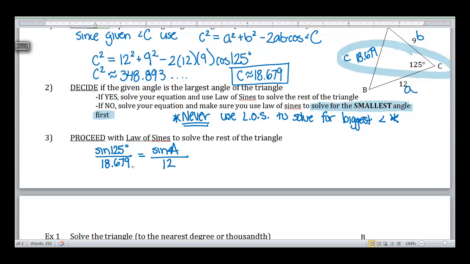If you cross multiply, we would have that 18.679 times my sine of angle A is going to equal 12 times the sine of 125. Again, I'm trying to get angle A by itself, so that means I need to divide each side by the 18.679. And then I also have to take the sine inverse of each side.